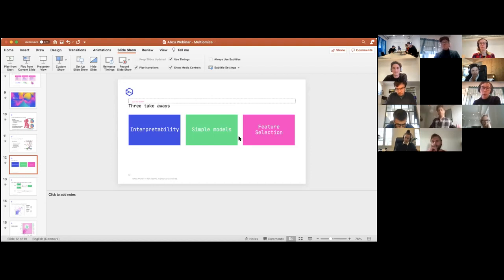We are really boiling down to the raw core of the signal in your data, and we do that by doing heavy and very intelligent feature selection, hopefully, as I will show you. But with that said: interpretability, simple models, and feature selection.